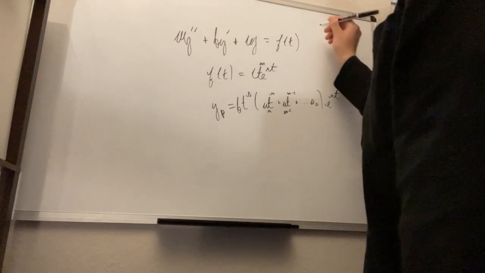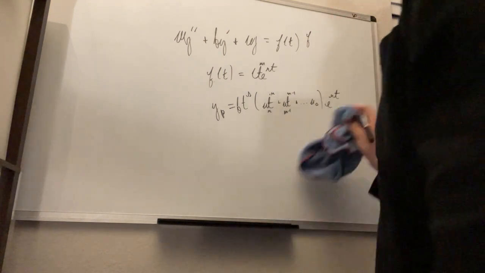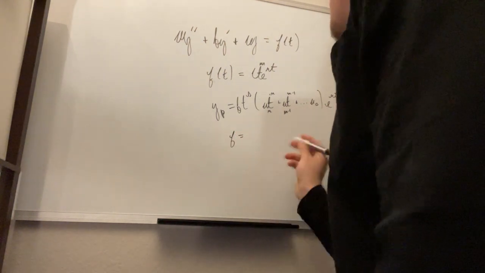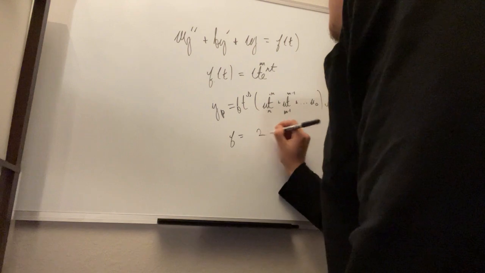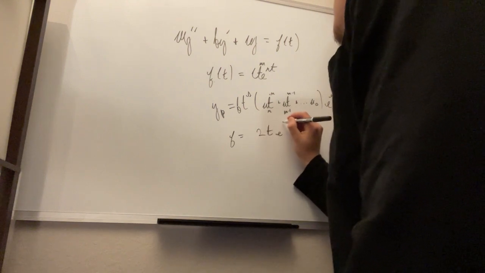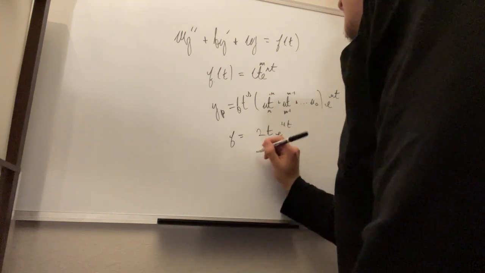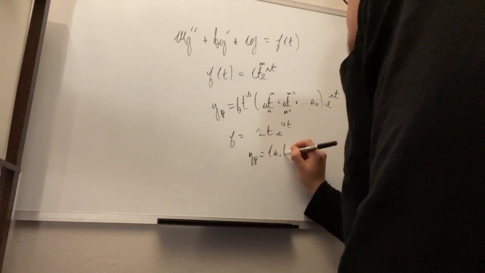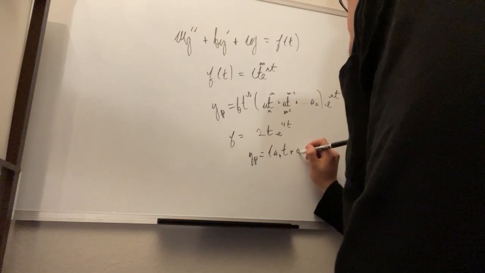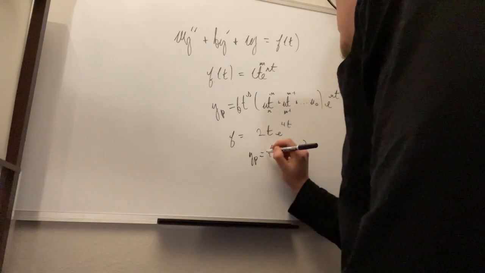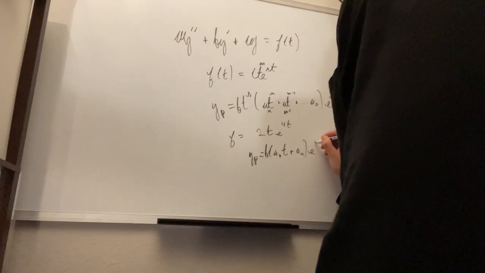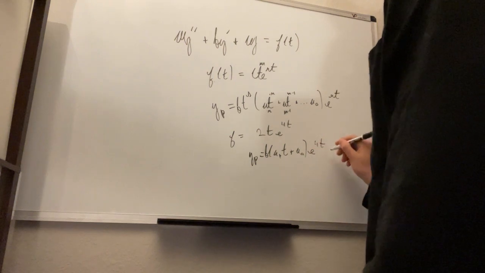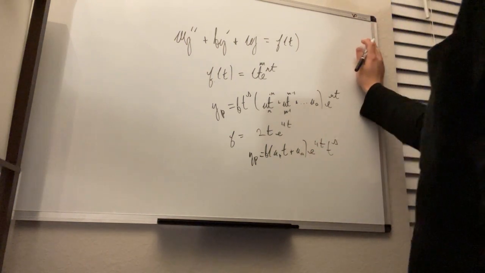So for example, if f of t was equivalent to, let's say, 2t times e to the 4t, we're going to say that y sub p is equivalent to a1t plus a naught, and we're going to put a constant over here, so b, and then times e to the 4t. Notice that I did not put an s on t to the power of s, so I'm just going to put t to the power of s.